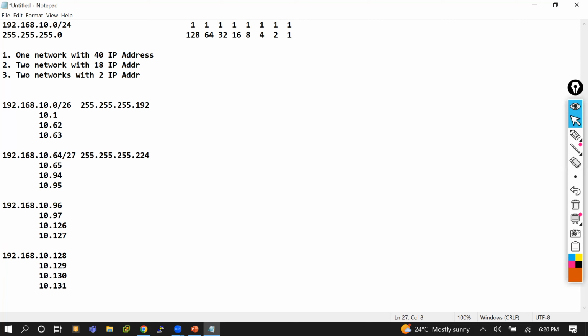Then 132, 133, 134, 135. And here you are already aware, you will get slash 30, subnet mask 255.255.255.252. This is how you have to find all of these. Got it?